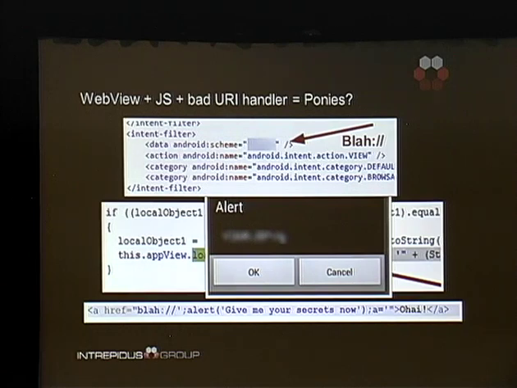This is the code that's being run within the app. So stuff goes from the web into the application. Application parses the URI, puts it into the web view, it runs, and then calls stuff back on the application on the JavaScript interface.